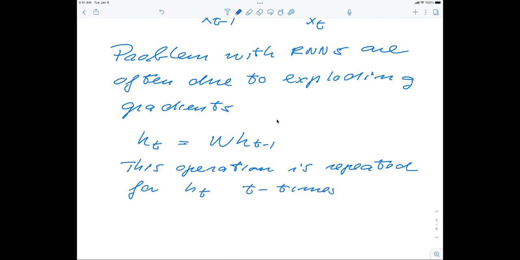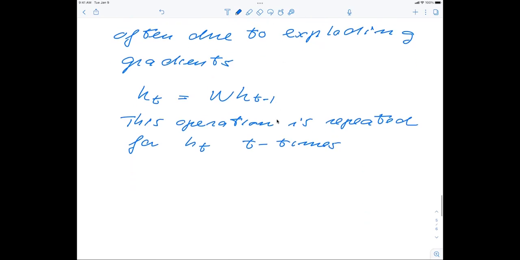Because what we have done now, if we assume that the weights are the same from the beginning, then we would have an h of t, which is now given by w to the power of t multiplied with h0. So the first initialized parameters, or the hidden layers, are then multiplied again and again with this weight matrix.